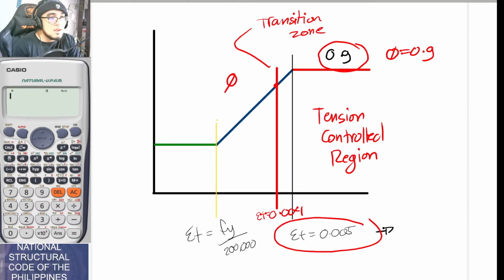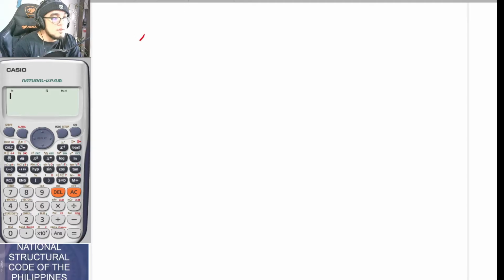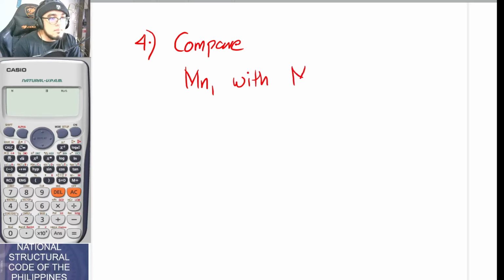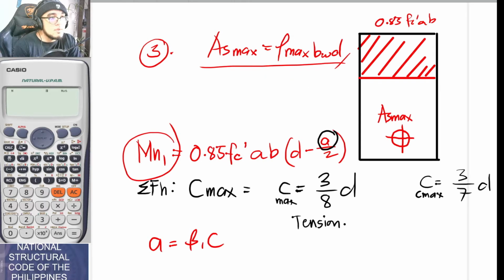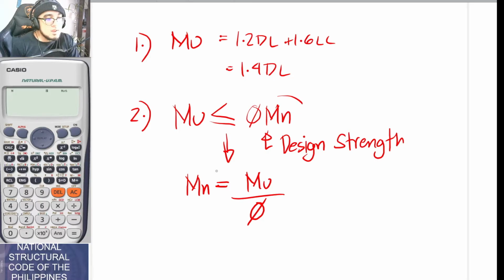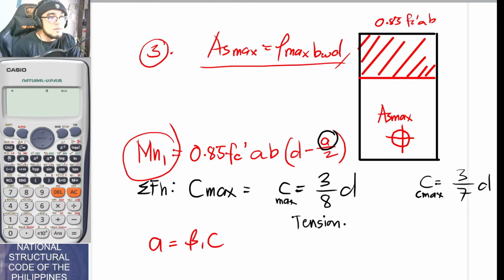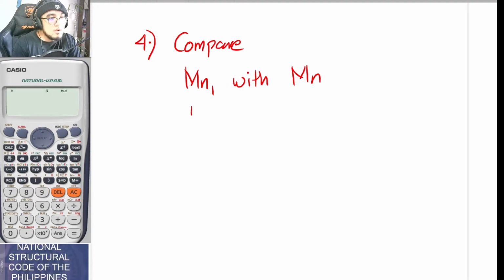I would just be writing here once again: compare MN1 with MN. I'm sorry, MN, not Mu. So the MN that we solved is this. So compare it. If MN1 is greater than your MN, it means that you do not need to design this via DRB any longer.